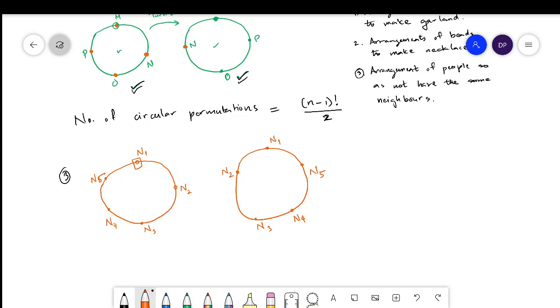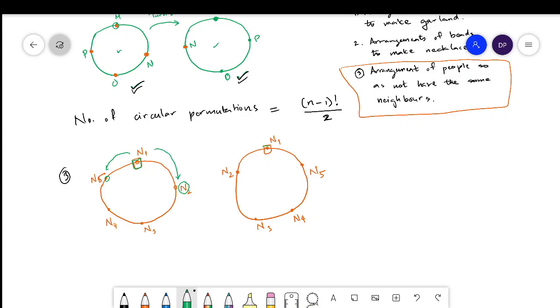Right. So in these two arrangements, our condition says we should not have the same neighbor. But look at these two arrangements. Here we have neighbor 1 and his neighbors are neighbor 2 and neighbor 5.